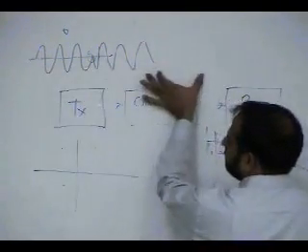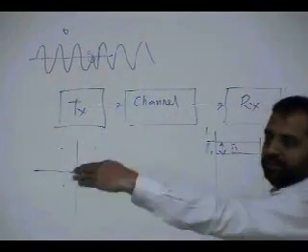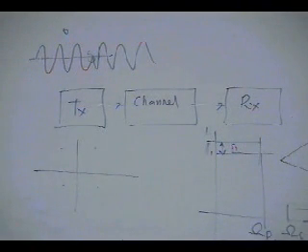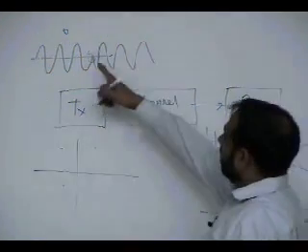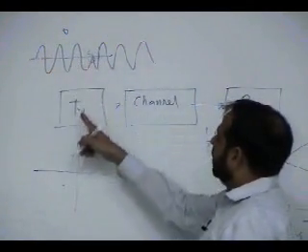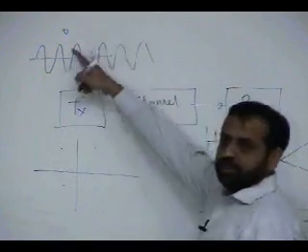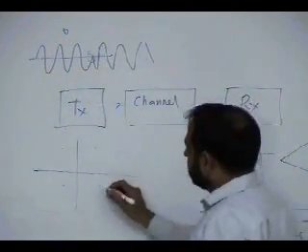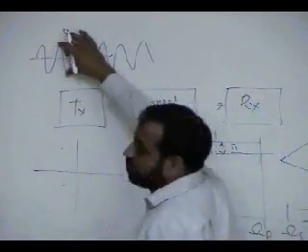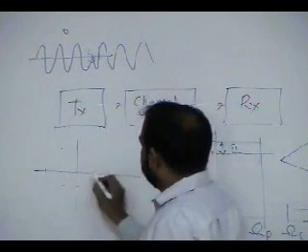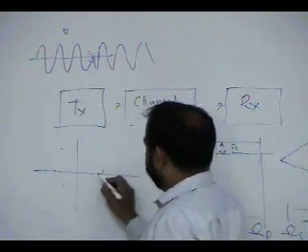If it does not happen in this time period, it means you are sending the same bit, a 0 and a 0 and a 0. So either you are sending 0 or a 1. But once you receive it, say amplitude 1 was sent, it may not have an amplitude of 1.